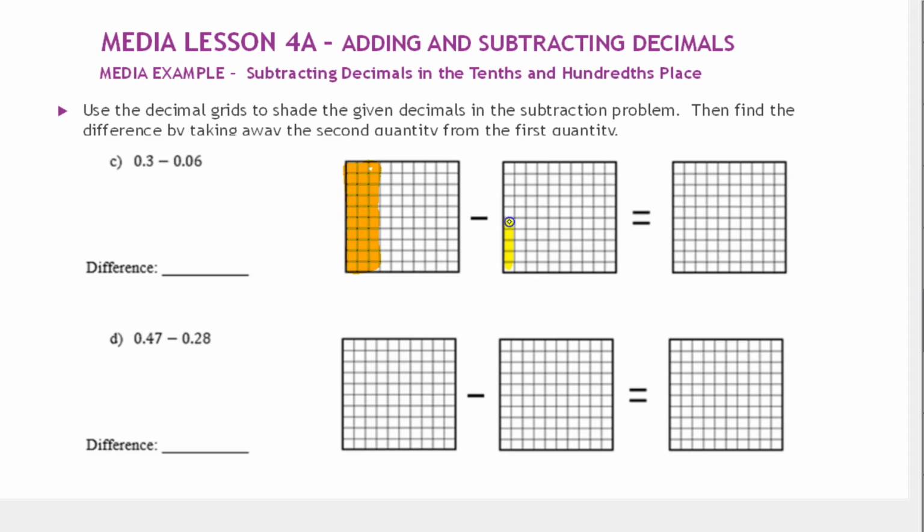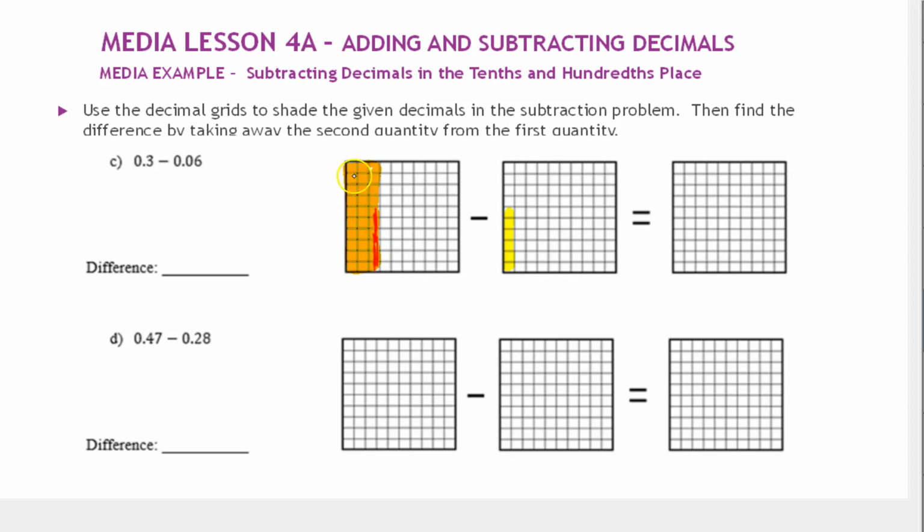So 6 yellows. I want to take away this quantity from this quantity. We don't have the oranges written as yellows, but we can still cross out 6 small squares. So I'm going to cross out this 1, 2, 3, 4, 5, 6.